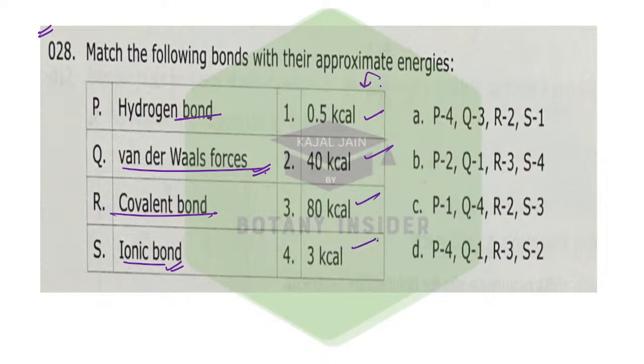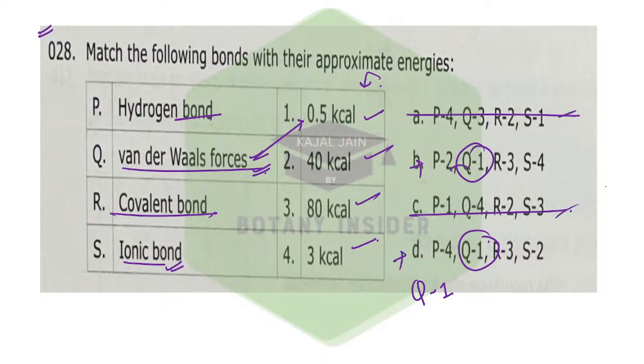So van der Waals forces should be the least energy forces. The least out of the four values given to us is 0.5. So Q should be marked with your first statement. If Q is marked with the first statement, I have either first or third as the correct answer, or the second and the fourth as the correct answer.